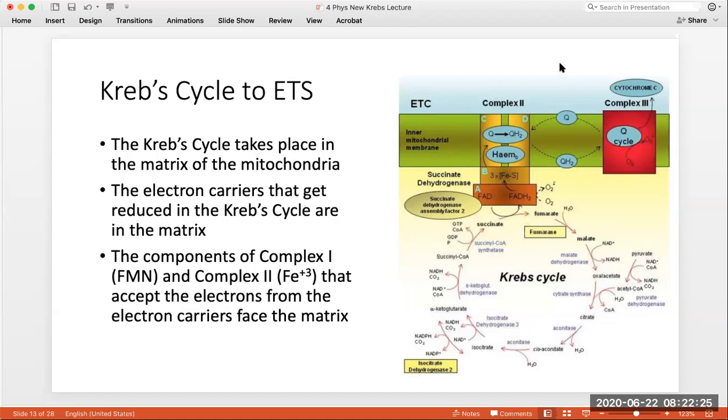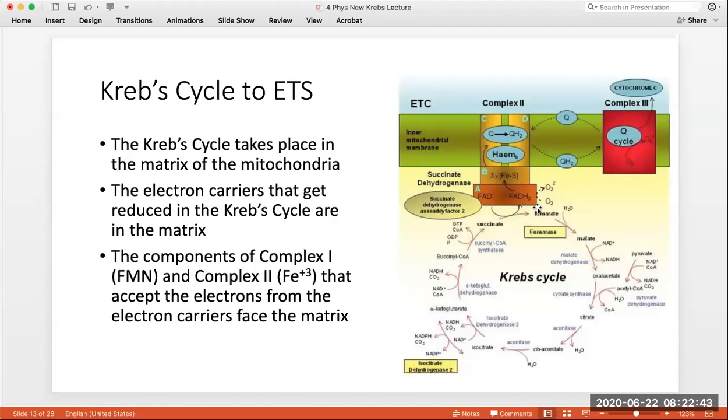The components of the electron transport system are embedded into this inner membrane of the mitochondria. You have electrons that are going to be transferred to the electron transport system, coming from NADH plus H plus and FADH2.